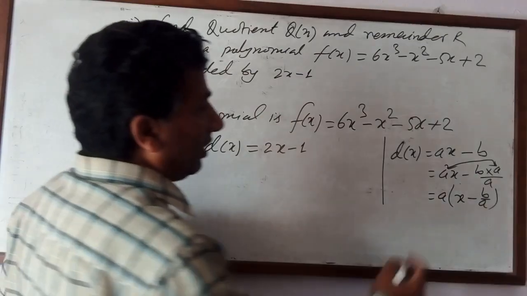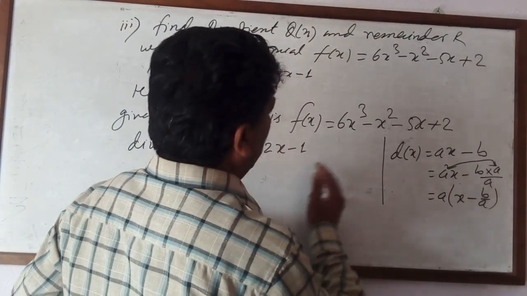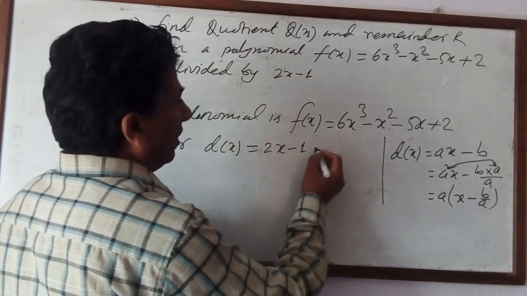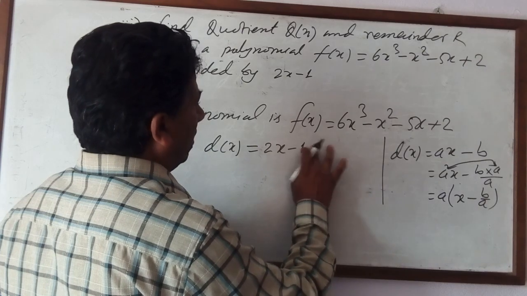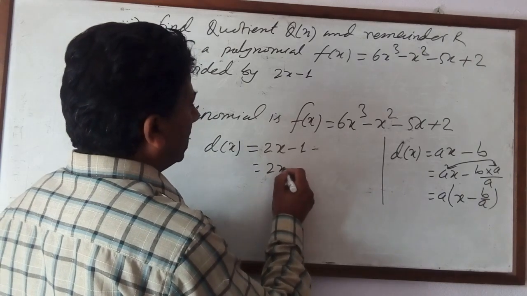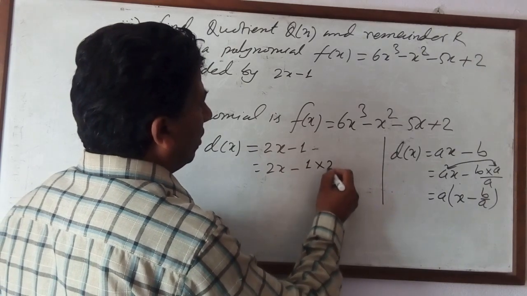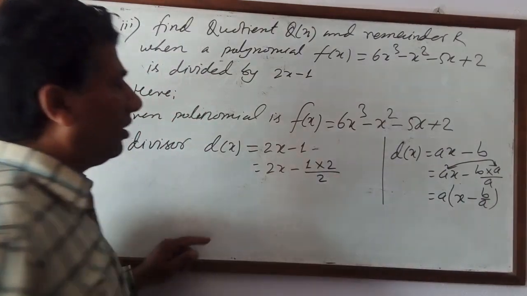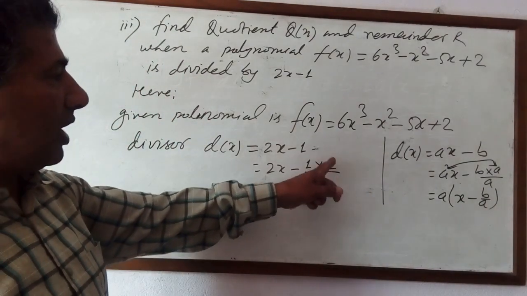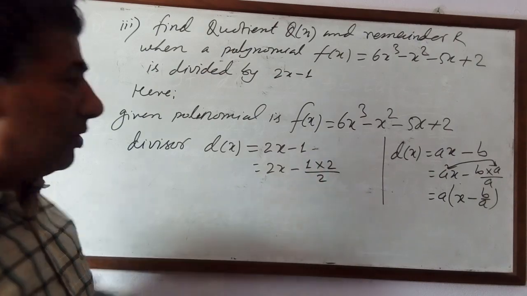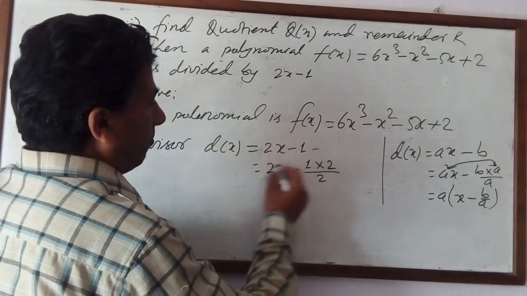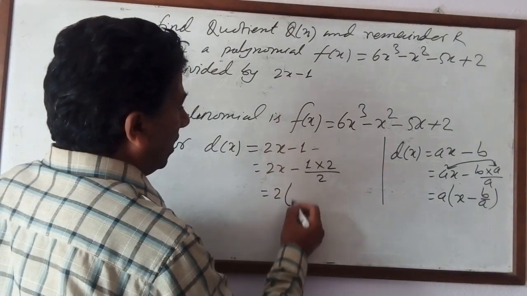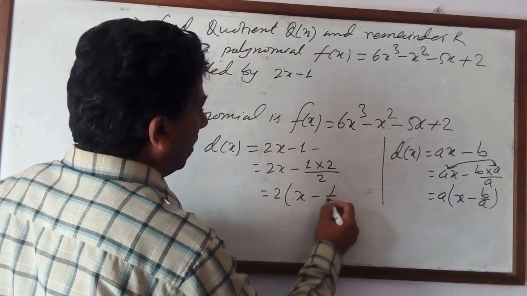Now in place of a there is 2. I'll take this one, 2x minus 1. Multiply this 1 by 2 in numerator and denominator. Now this 2 and 2, up we can take common 2, remaining x minus 1 by 2.